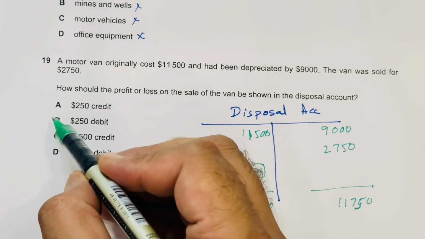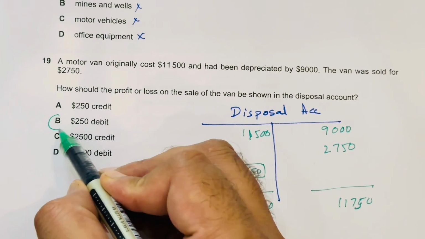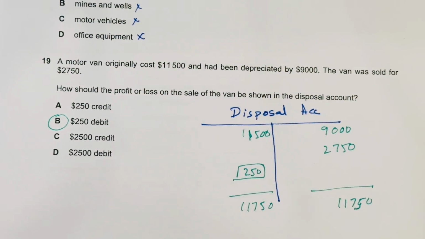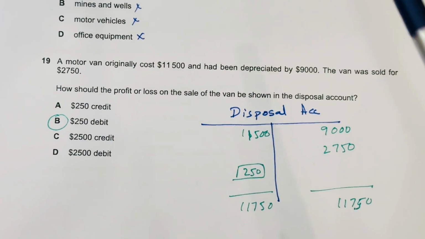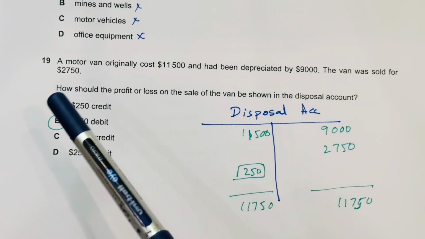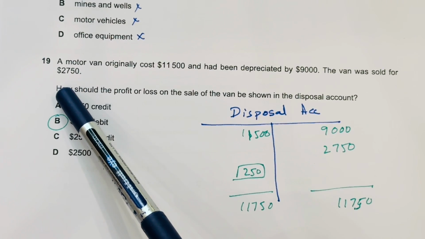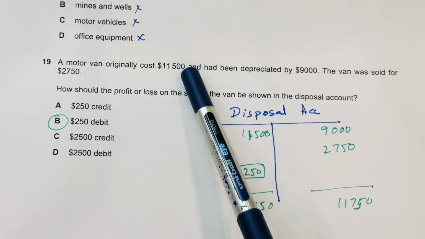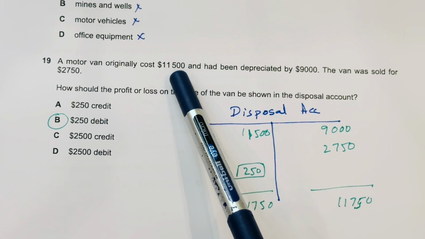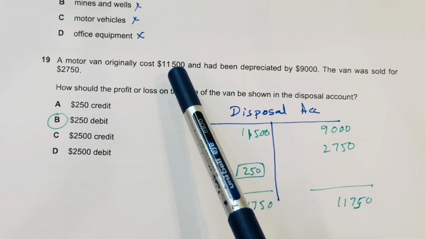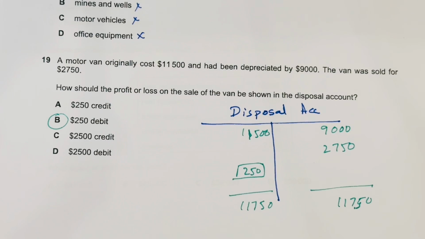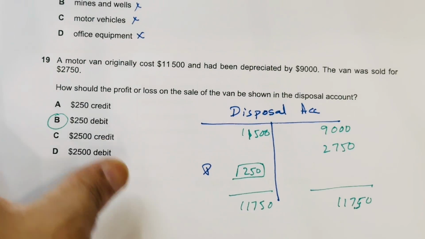So 250 debit balance. Option number B is the right option. You can also calculate it by simple maths. Adding 9,000 and 2,750, you would get 11,750, and subtract the value of the asset, that is 11,500. You would get a gain in that case, or profit, of 250.